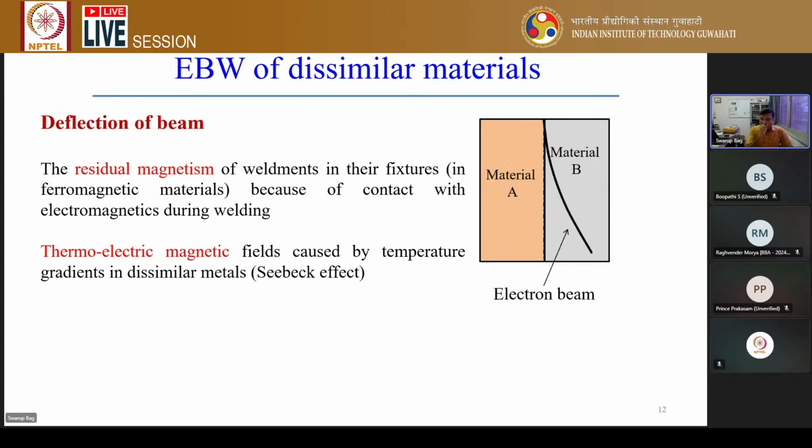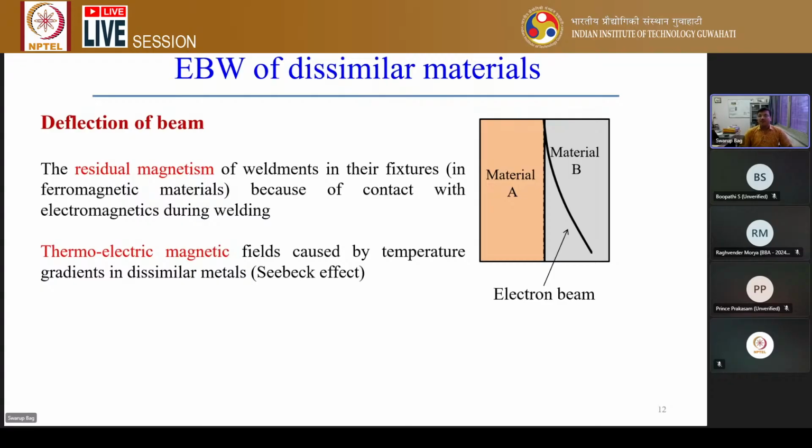Now coming to this point, electron beam welding of dissimilar materials. Electron beam welding is usually used for very high thickness material. In that case, you can use the electron beam welding process. Now, assuming that materials A and B are two different materials, their magnetic permeabilities are completely different.